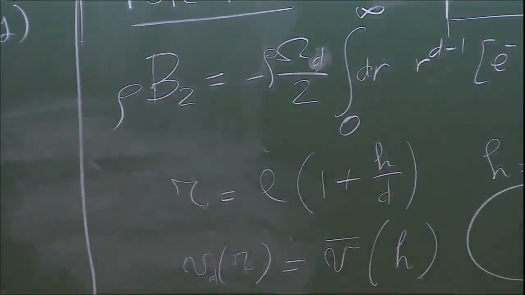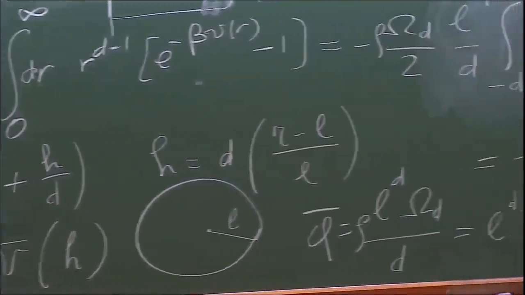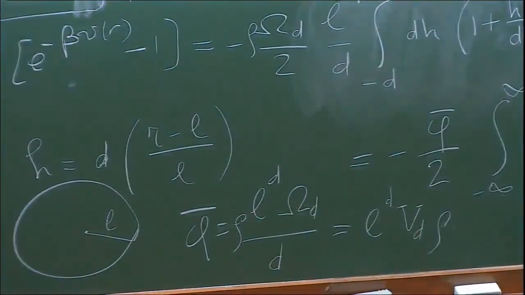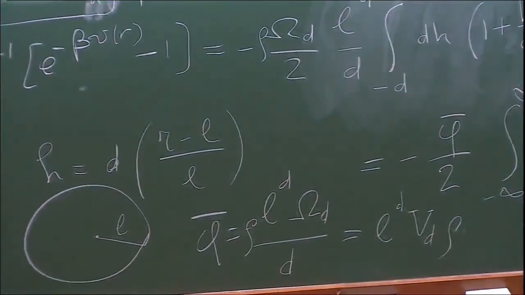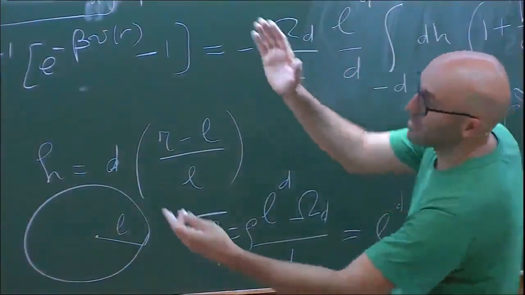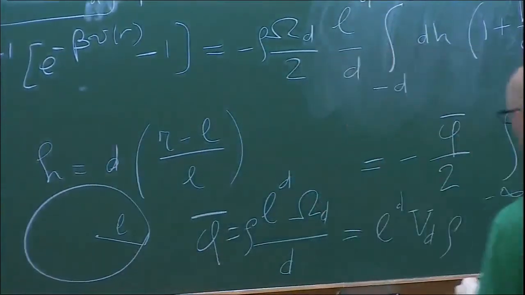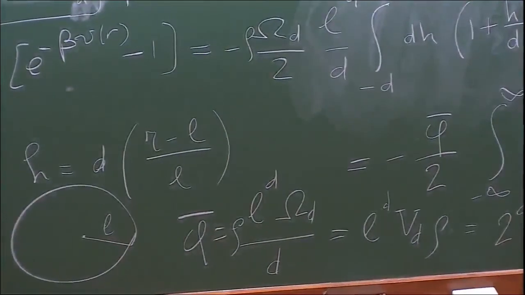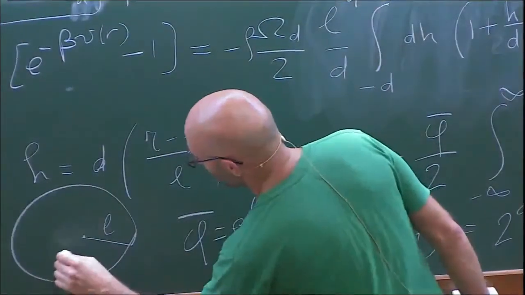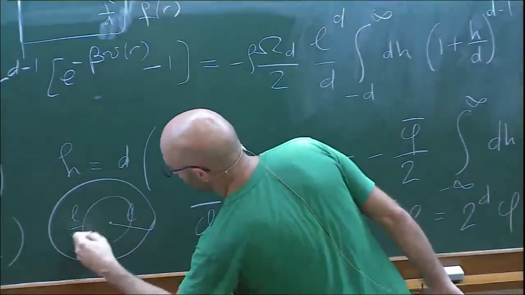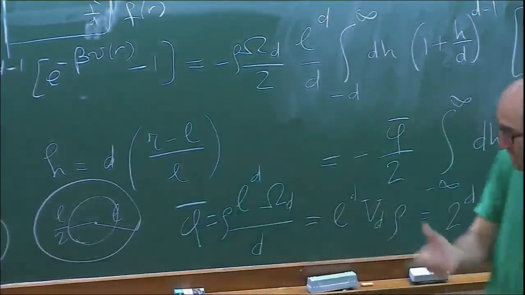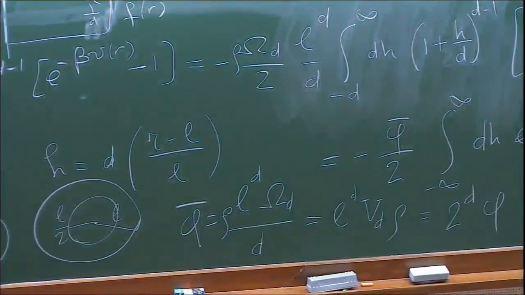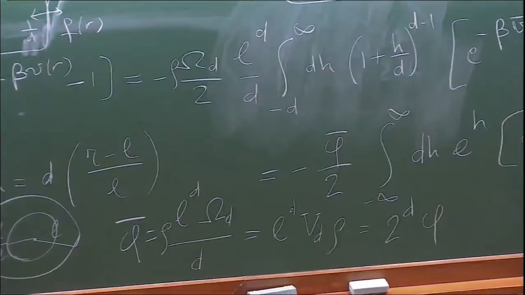Then you see that this object phi bar is the density times the volume of a sphere of radius L. But if I want to define a packing fraction, L is the diameter of my particles, so I would like the volume of a sphere of radius L over 2, so I have to scale by 2 to the d. This is going to be 2 to the d times the packing fraction. Anyway, this is not really important.